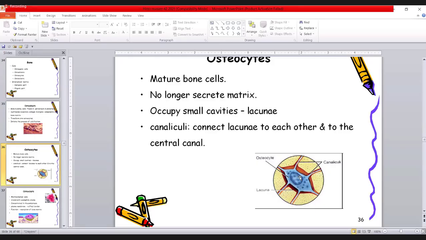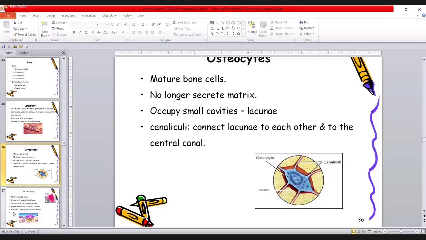Where would you see osteoclast? What is the function of osteoclast? Bone resorption, or they are bone eating cells. They resorb the bone, and are very helpful in the repair process or bone remodeling processes, all these activities.